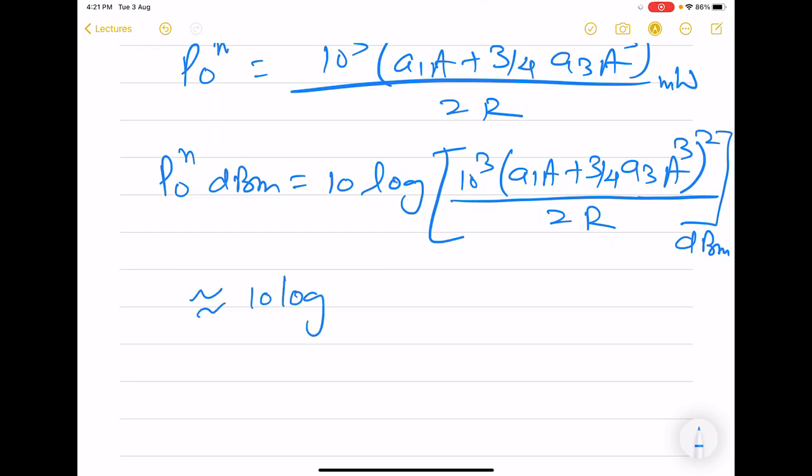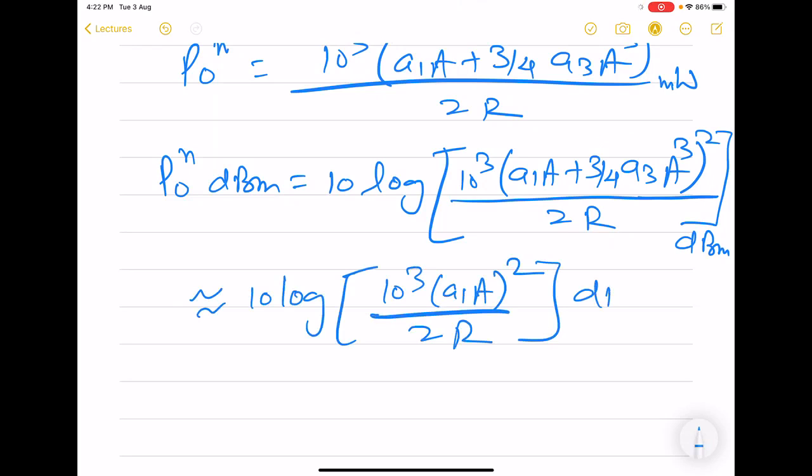10 log 10 raised to power 3 (a1A) whole square divided by 2R dBm for very small A, because A is raised to power 3.